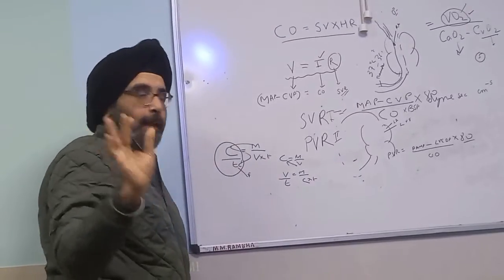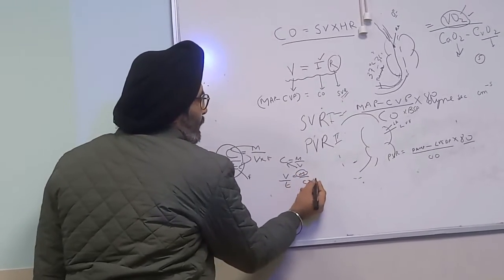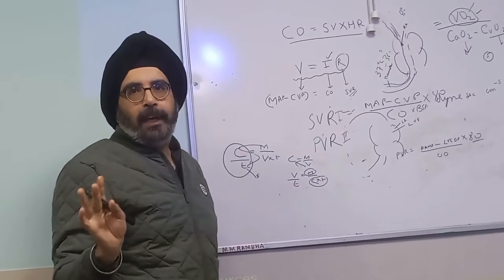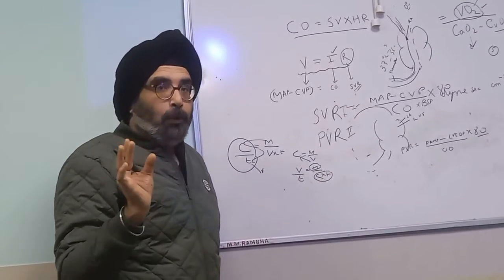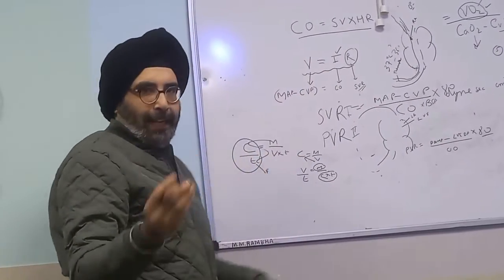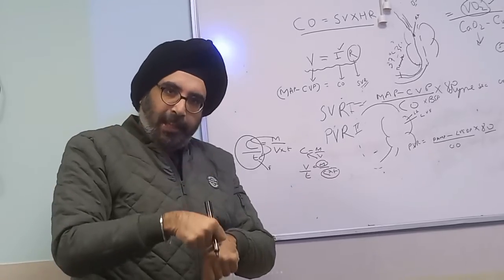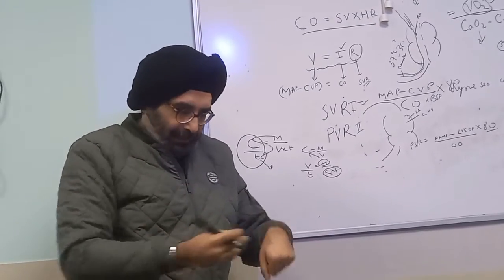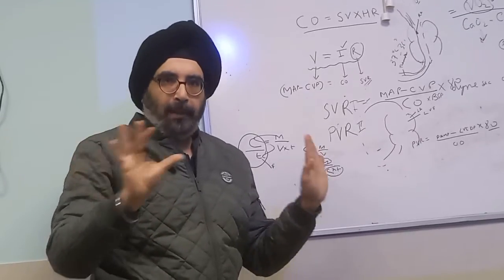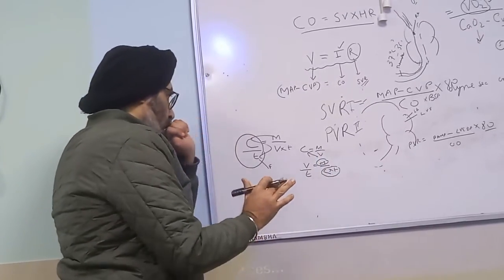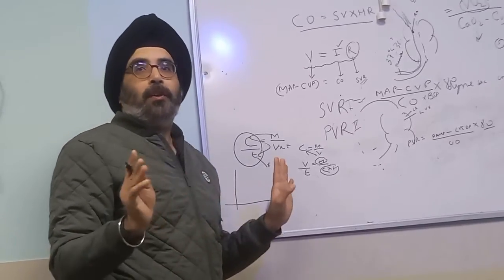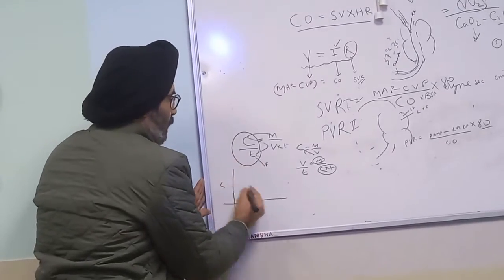Am I right? This is the mass of the injected indicator, and the integral of C dt means the change in concentration with time. So what do you mean by that? For example, we take a dye, we inject it, and we measure it after it has passed through the circulation at a particular point, supposing in the femoral artery. I'll come on to that. So we make a curve of the concentration of the dye, so we are changing the concentration with time.